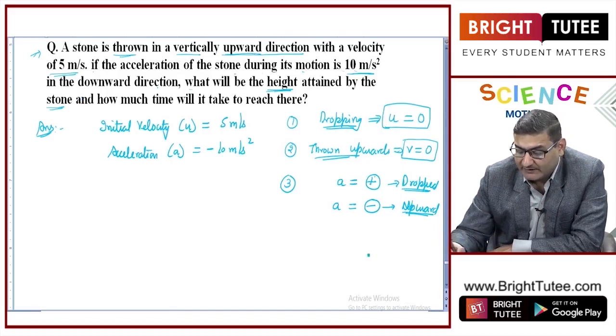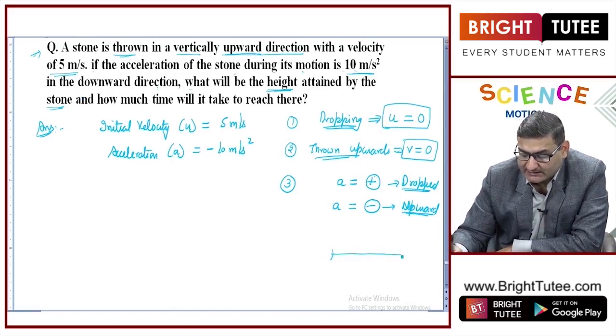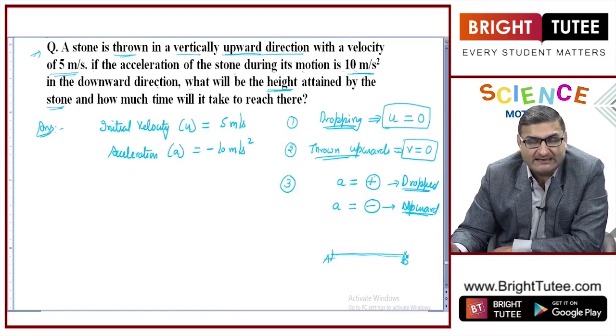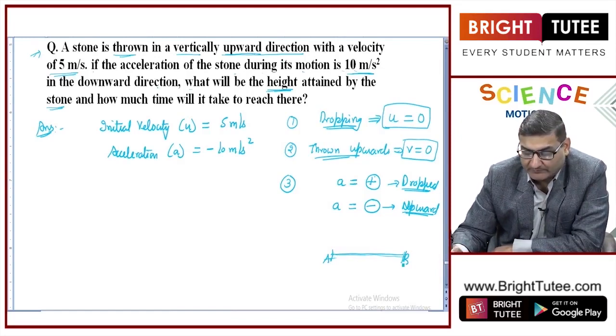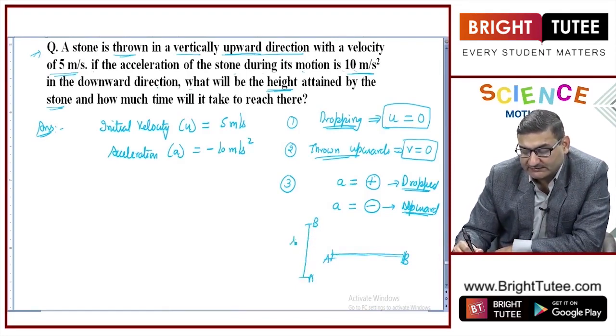Now, if I am talking about a linear motion, straight line motion, from point A to point B, the distance is A to B, we call it distance, right, the path moved. But when we are throwing something up or down, the same path covered by the object will be known as its height.